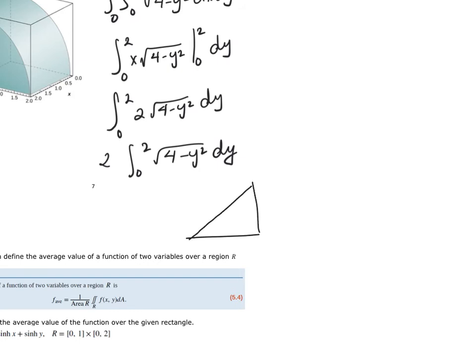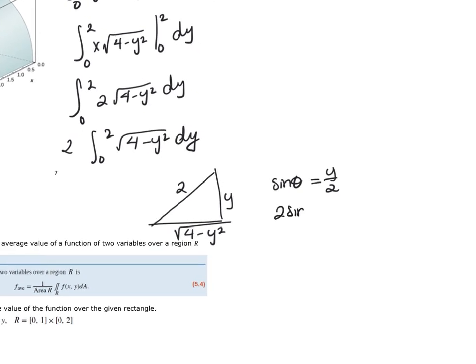So I'm going to put, let me see, 2 here and y here, and then this must be the square root of 4 minus y squared, which then I have the sine of my angle is going to be y over 2. That means 2 sine of my angle is equal to y.